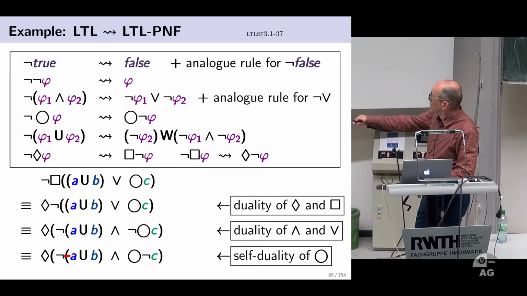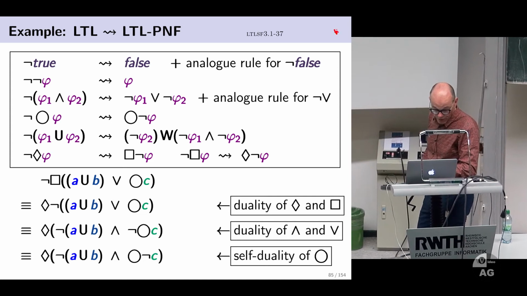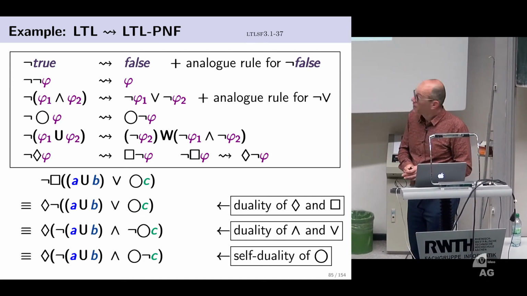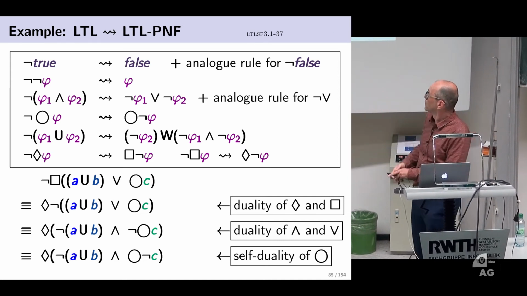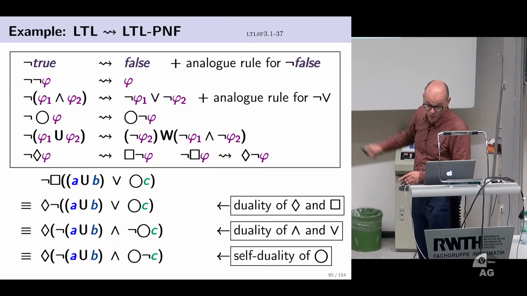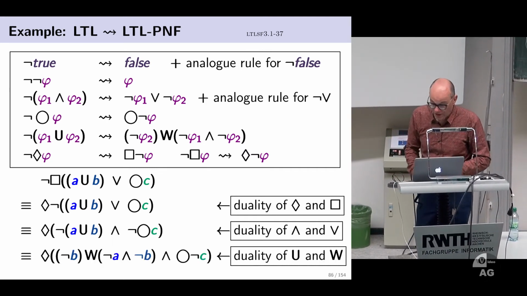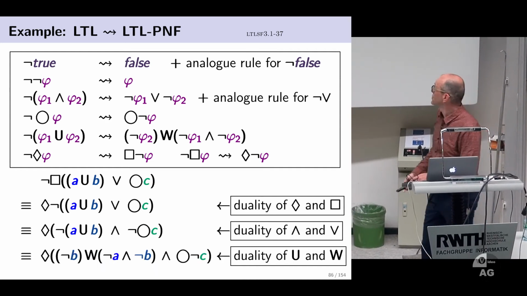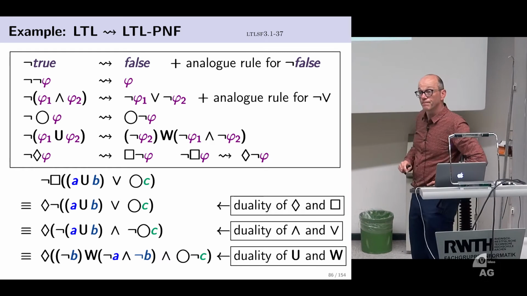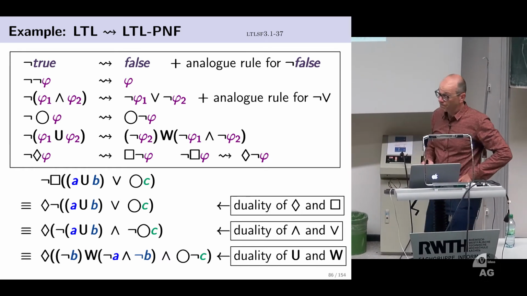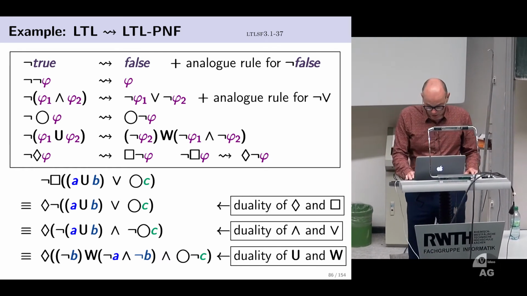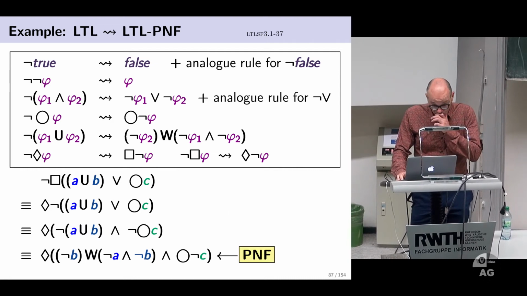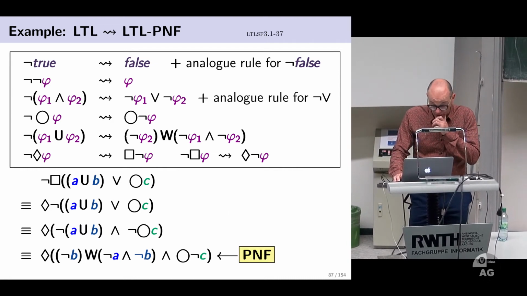And here we have a not A until B, and now we can continue by replacing this by a W. So that's what I did here. So here you see that the until formula is changed into this W. Good. And this is the formula in positive normal form.